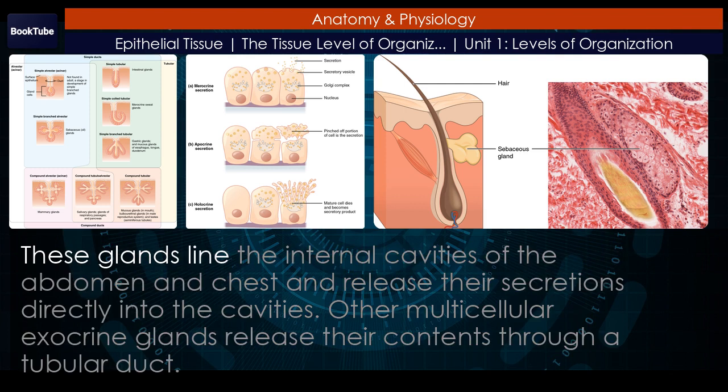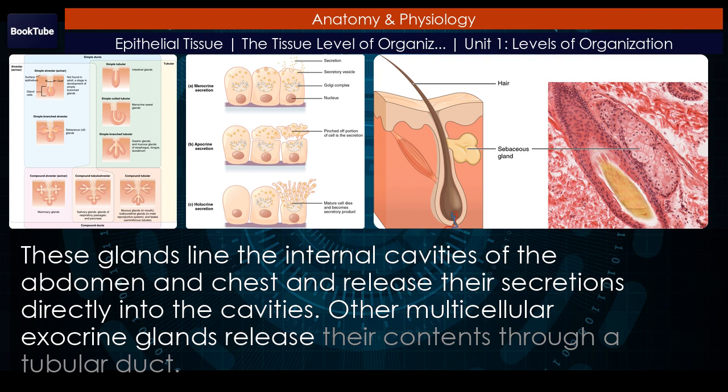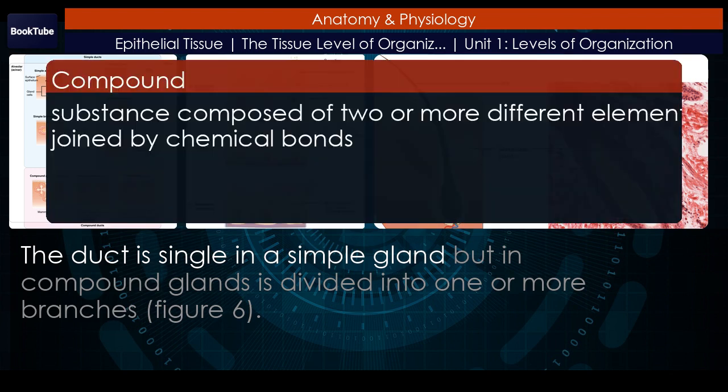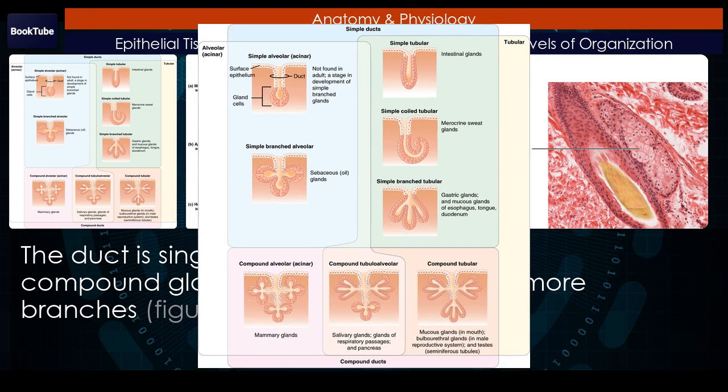These glands line the internal cavities of the abdomen and chest and release their secretions directly into the cavities. Other multicellular exocrine glands release their contents through a tubular duct. The duct is single in a simple gland but in compound glands is divided into one or more branches. Figure 6.